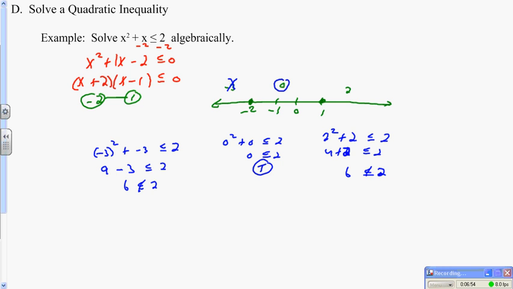And 6 is not less than or equal to 2, so that is out. So our solution will be between and including -2 and 1. So checking our zones, something we've done before, but now with a new application.